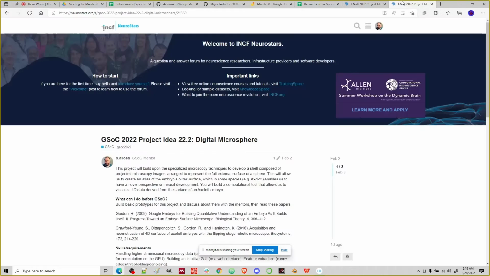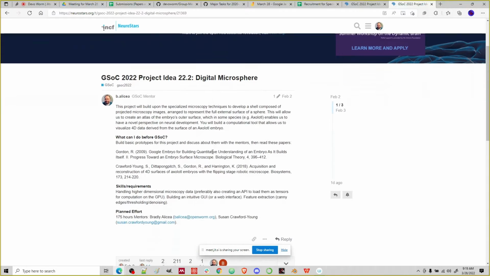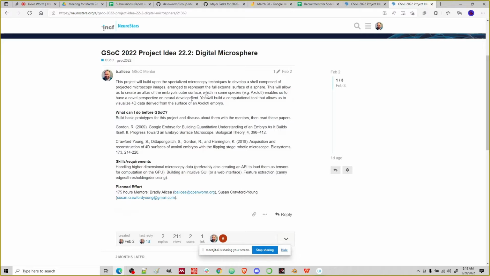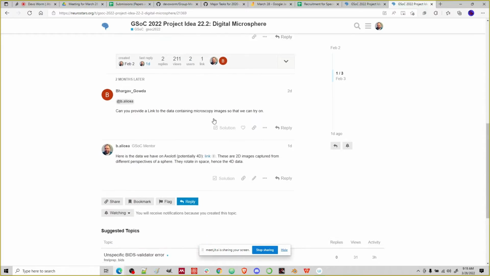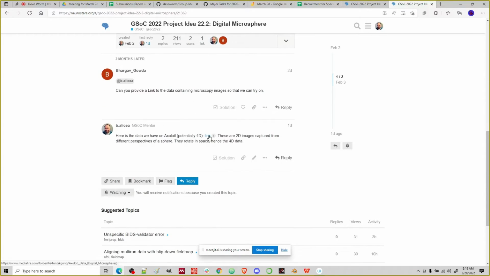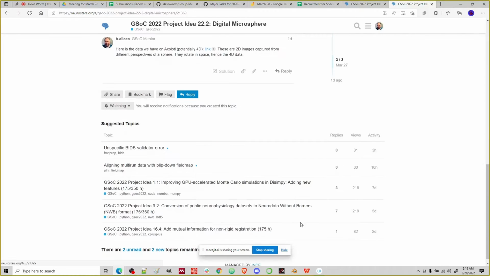The other project is 22.2, Digital Microsphere, the one we just saw a demo of with the axolotl embryo. It has the description, references that you need to become familiar with, and the basic data we've been working with, though we're going to try to get more data later.